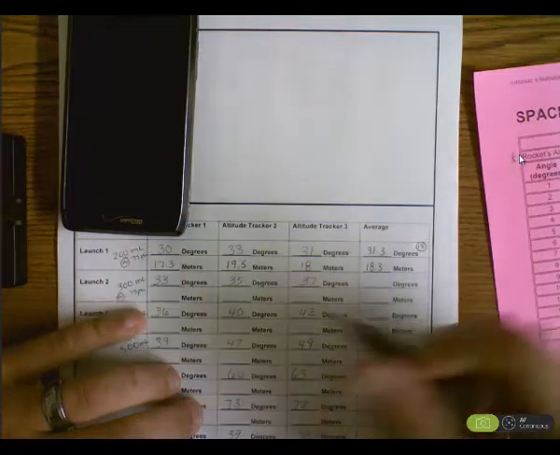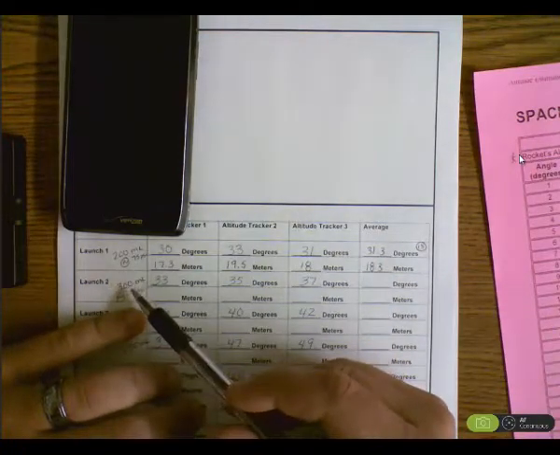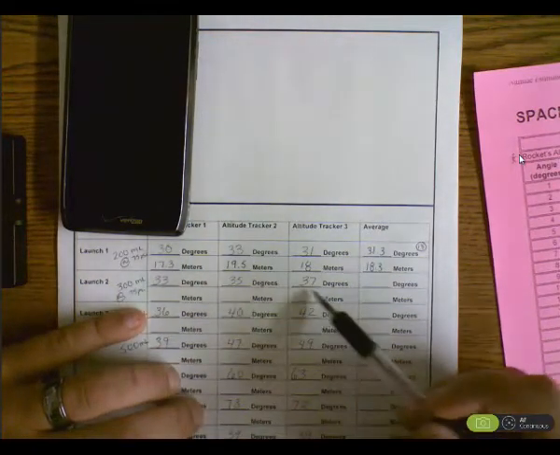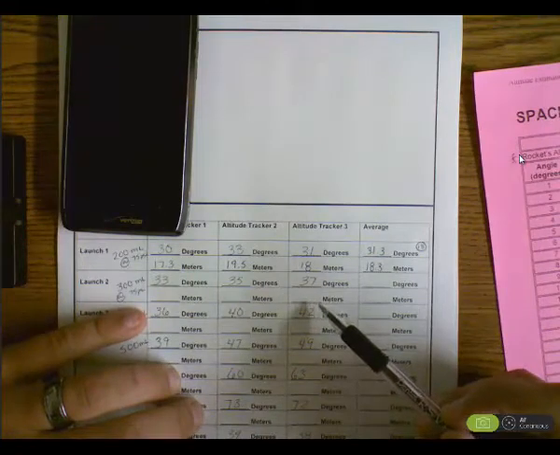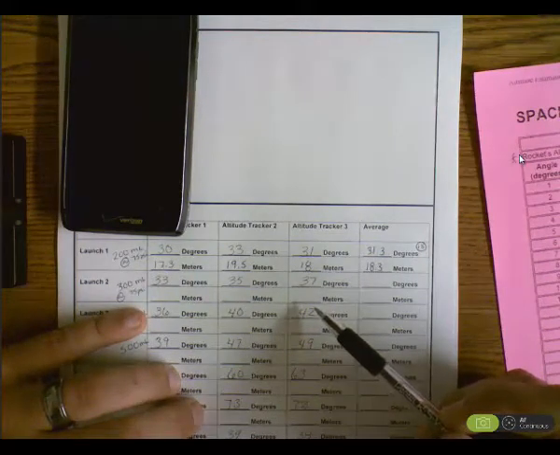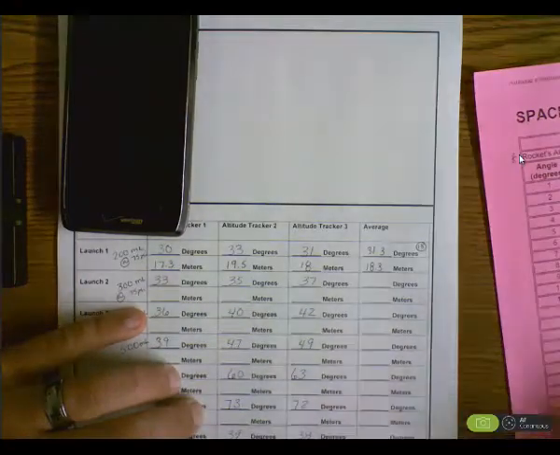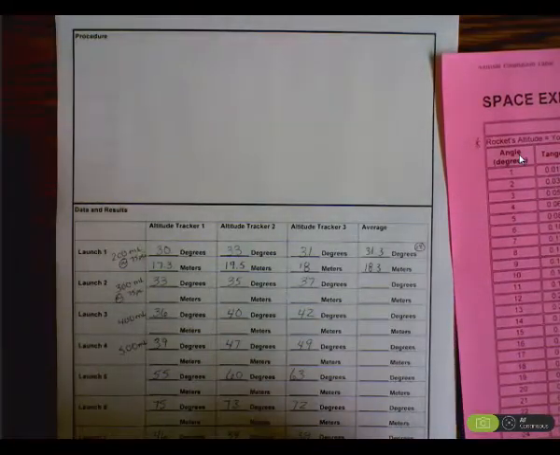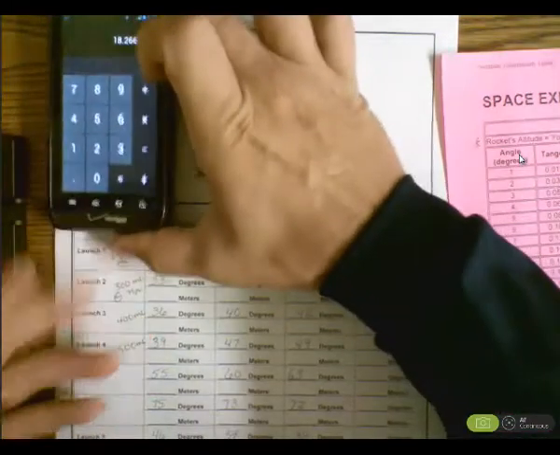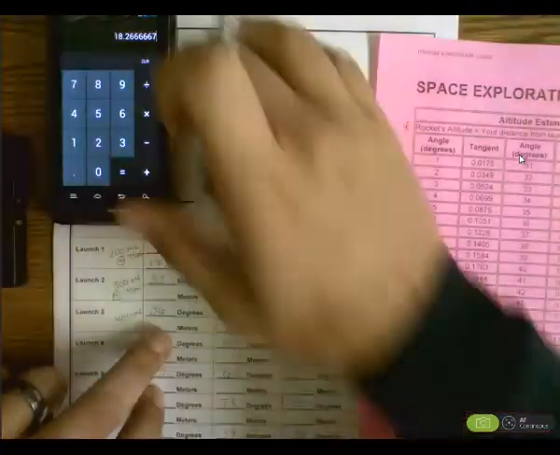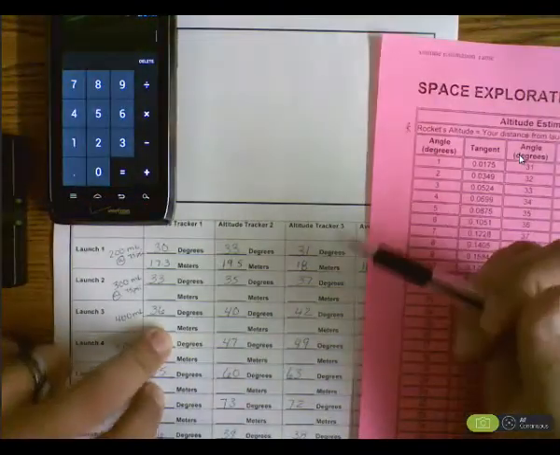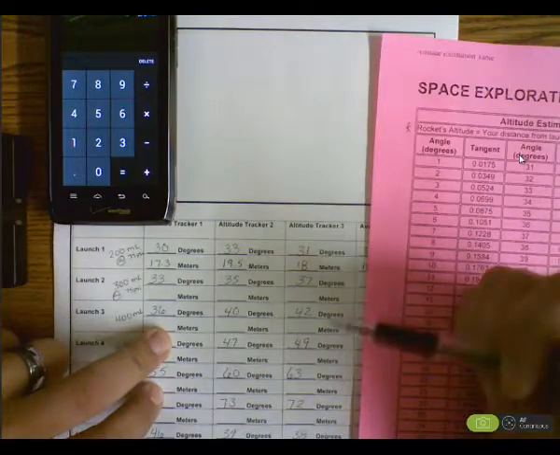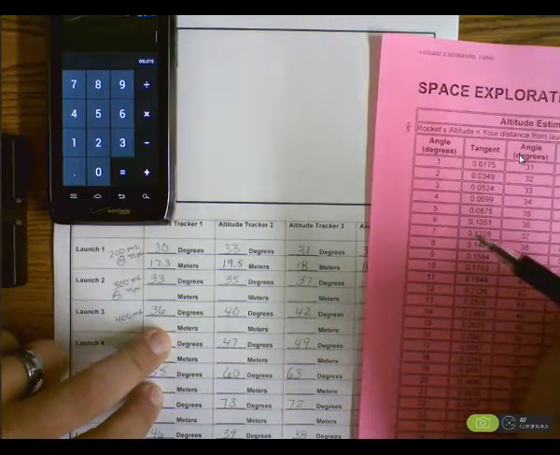Alright, let's move on and do launch number 2, as an extra example for you when you get ready to start doing the number of meters for your launches. So again, I'm always multiplying by 30 because 30 is the distance away from the launch pad.